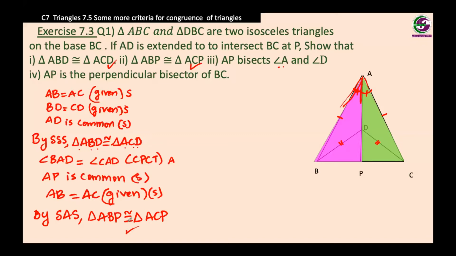That was the second part we have to prove. That's done. Next, we have to show AP bisects angle A. This is already shown from CPCT. And also we have to show it is bisecting angle D. To prove that one, from the previous condition, we know that angle ADB is equal to angle ADC by CPCT. So the other two angles will also be equal, which means if at a point, two angles are equal on either side of the line, then the other two angles will be equal. So we can say angle BDP is equal to angle CDP.